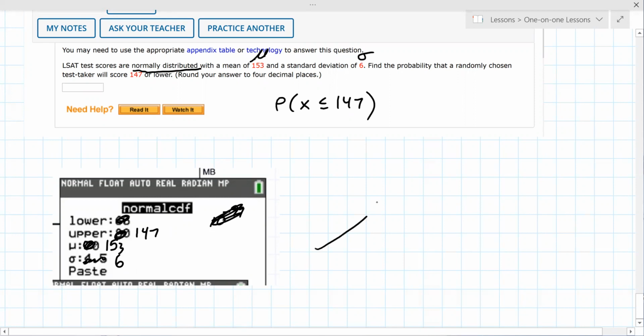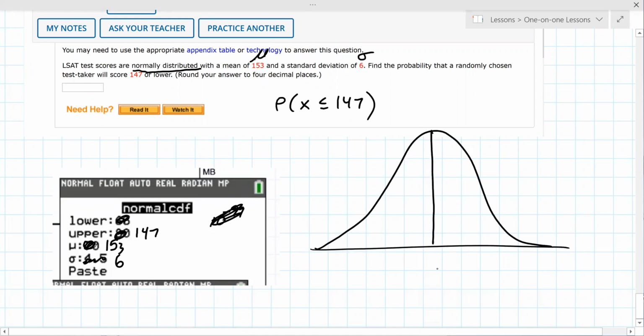You remember this from high school and maybe previous math classes. Your mean is 153, right? 3 standard deviations is pretty far away, so you might go 6 standard deviations away to get out here. If you take this number and subtract 6 sigma, that's good enough.